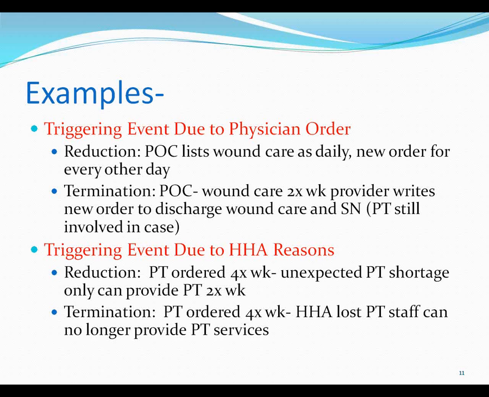For reduction, it would be that you have an unexpected staffing shortage and you only can provide PT 2 times a week. Or for termination, if you completely lost your physical therapy staff and you can no longer provide the services at all, you would give the form and you would be checking the second box, which is due to the home health agency reasons.